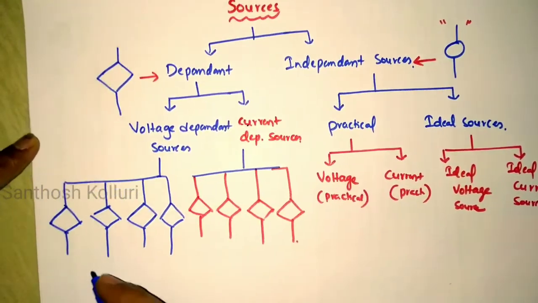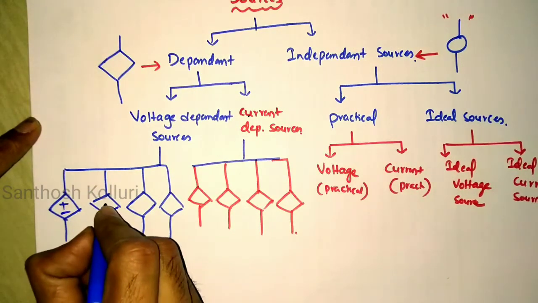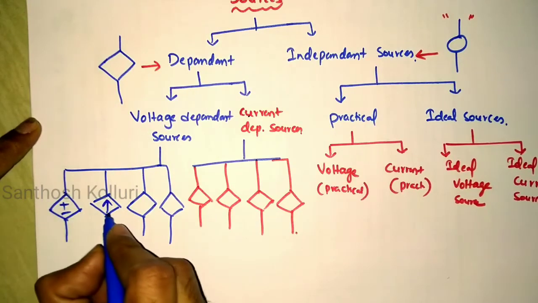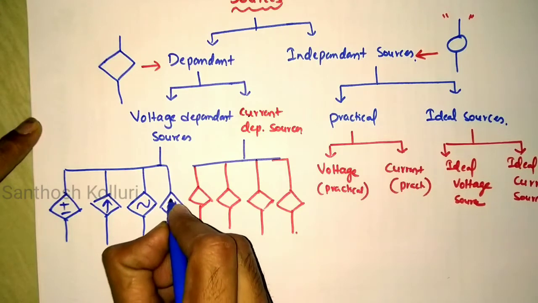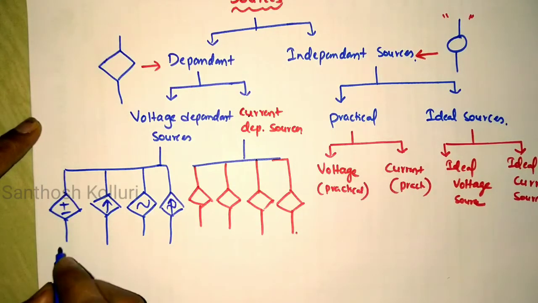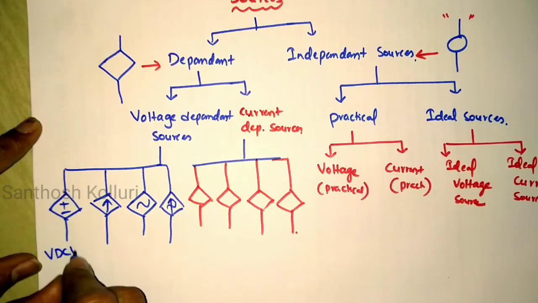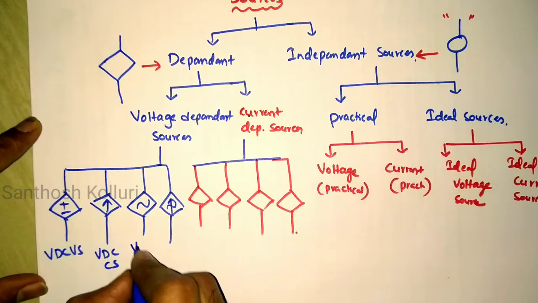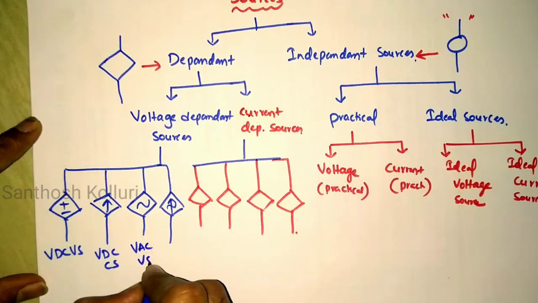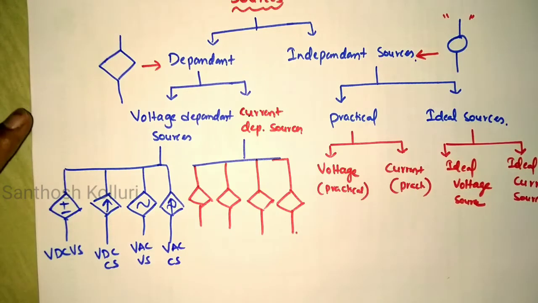First one, plus minus, means DC voltage source, this is a current source, this is an AC voltage source, and this is an AC current source. So this is a voltage dependent DC voltage source, voltage dependent DC current source, voltage dependent AC voltage source, voltage dependent AC current source.